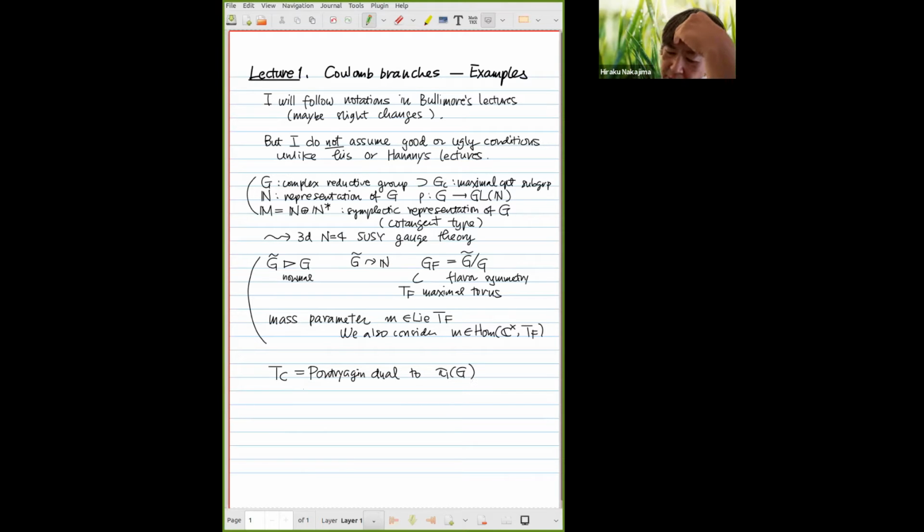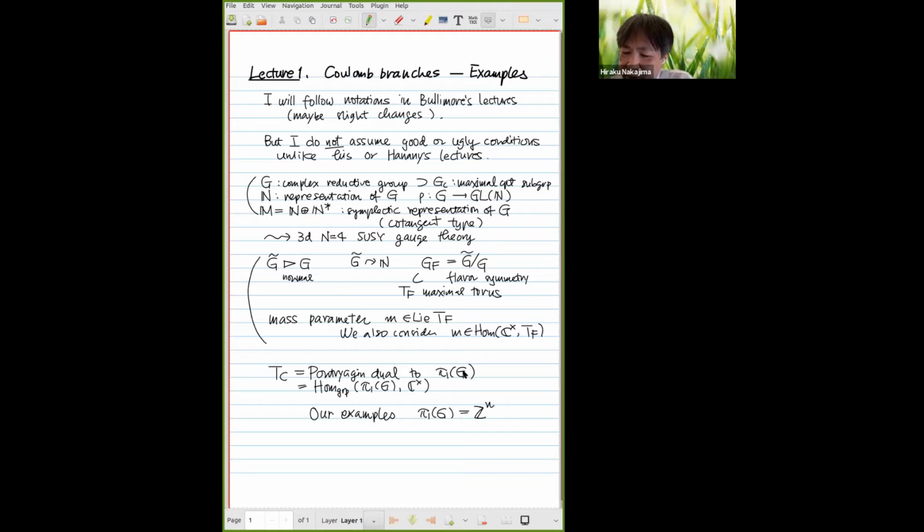So this is the space of group homomorphisms from pi 1 of G to C star. In our examples, which I explain later, pi 1 of G is always a cyclic group of finite rank.